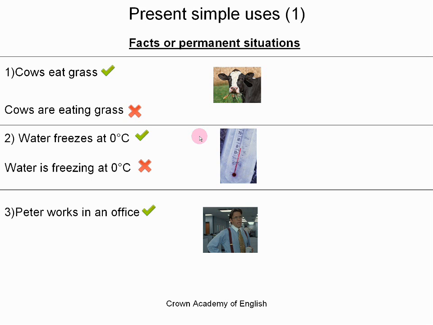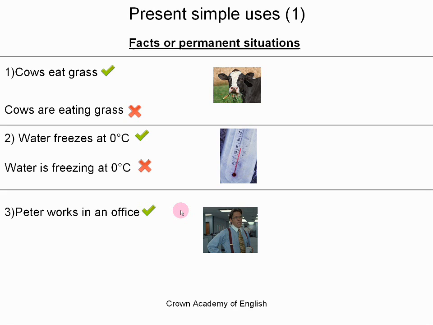Okay, so for example, if somebody wanted to know, where does Peter work every day? What is his job? Does he work in a hotel? Does he work in a hospital? Does he work in a factory? No, Peter works in an office. It's a fact. He always works in an office.